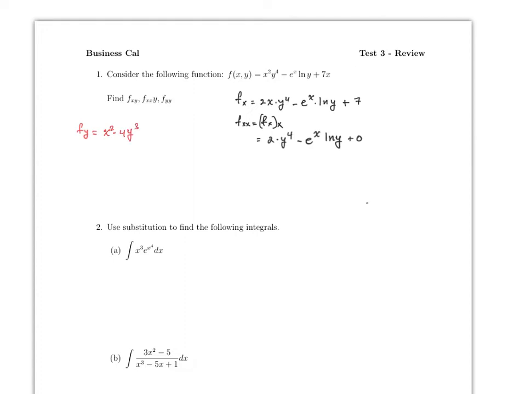This is not implicit differentiation, so you don't have to multiply by y prime. The derivative of ln y is 1 over y. Remember that e to the x in this case is a constant, so it will be e to the x times 1 over y. And then the derivative of 7x is 0, because it's the derivative with respect to y.